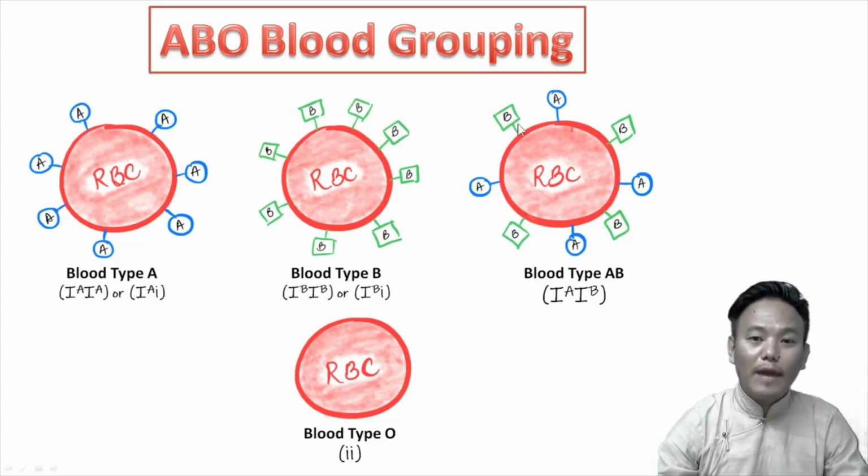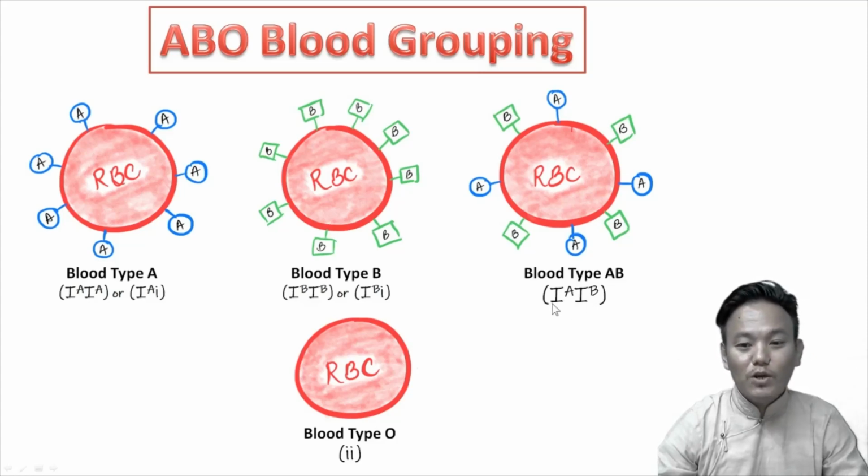This can happen only when the person has the genotype of IA-IB heterozygote. In this heterozygote condition, both IA and IB are equally dominant. Therefore, both the alleles get to express their phenotype, that is type A sugar and type B sugar are both expressed on the RBC surface, and the blood type is AB.